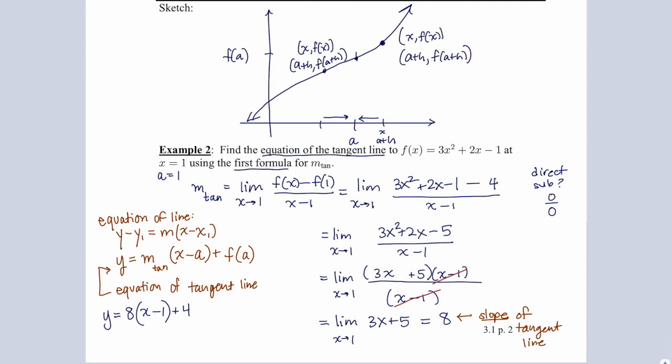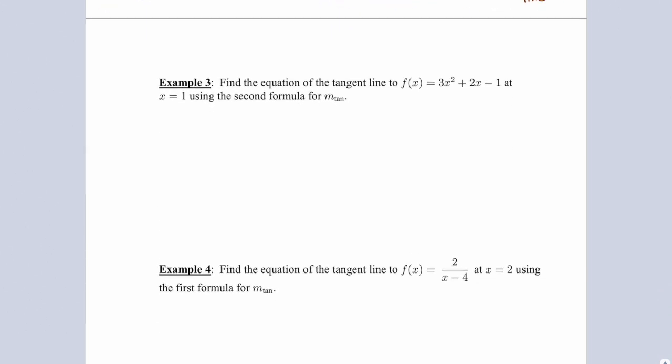Back to our notes. The next one: find the equation of the tangent line to the same function at the same point using the second formula for the slope of the tangent line. So hopefully we'll get the same value, but let's see how this looks using the second formula.